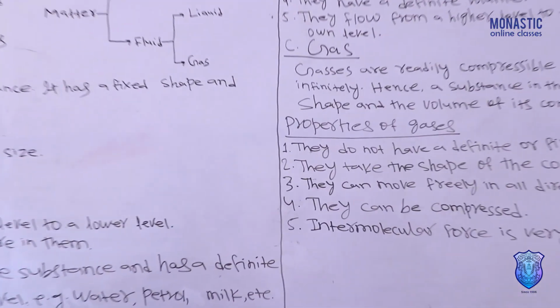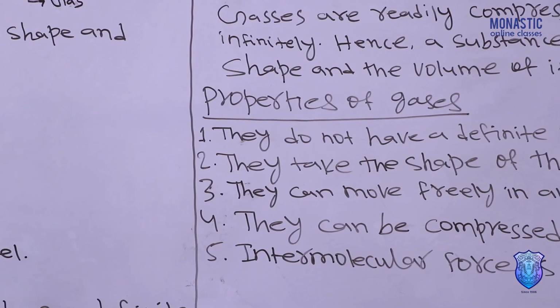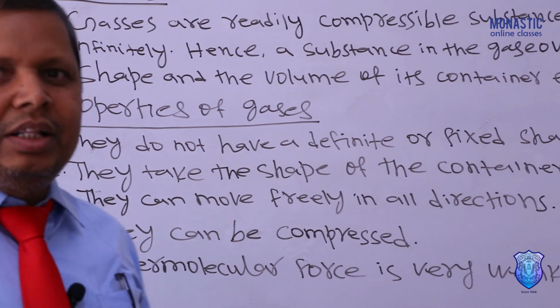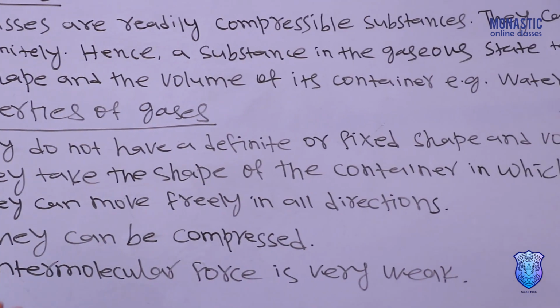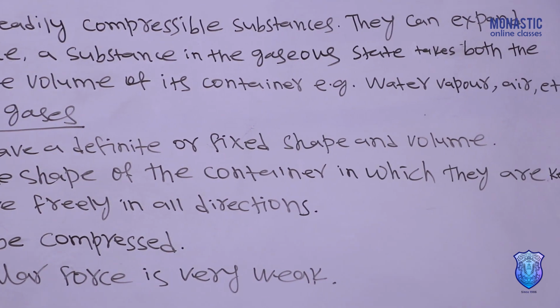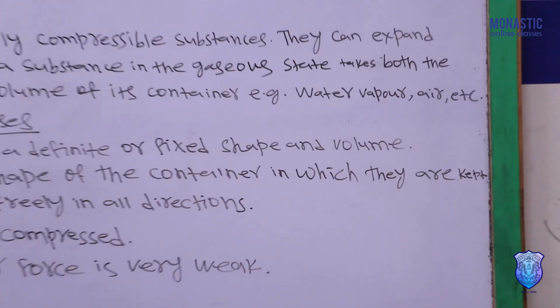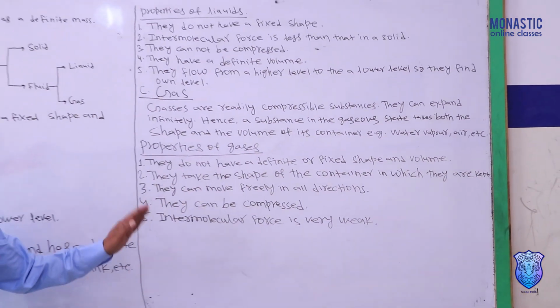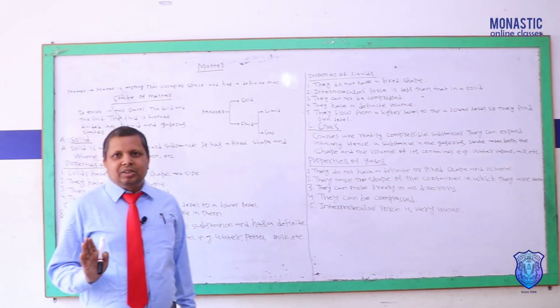They take the shape of the container in which they are kept. They can move freely in all directions because molecules are very loosely packed. They can be compressed and intermolecular force is very weak. These are properties of gases.